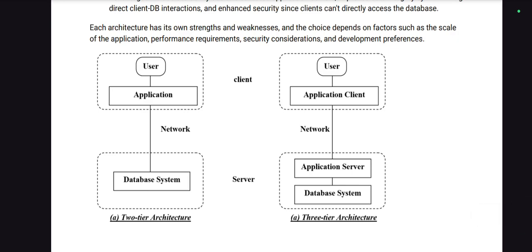In the two-tier architecture, the user uses some application, and this application directly accesses the database. But in the three-tier architecture, the user uses some application client and sends a request to the application server, then the application server will access the database.